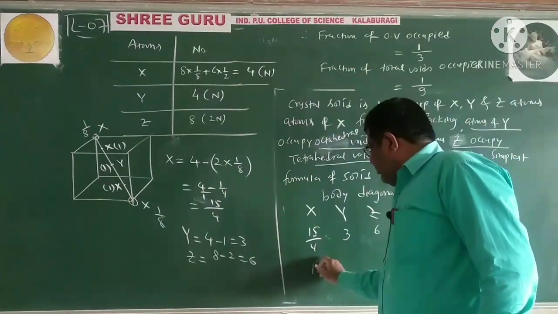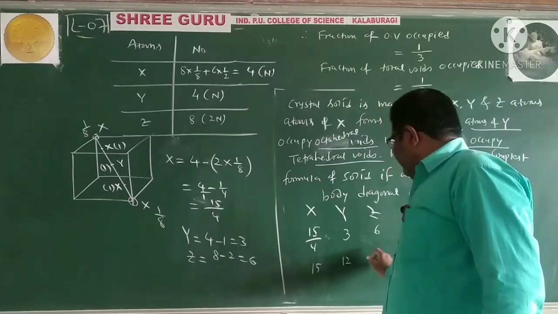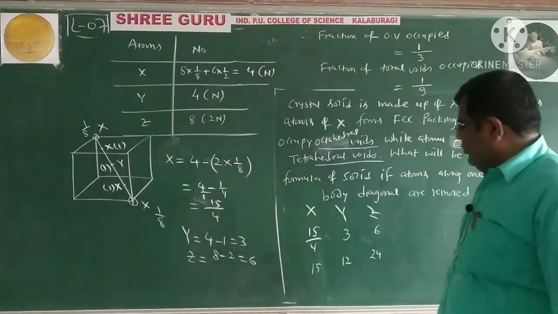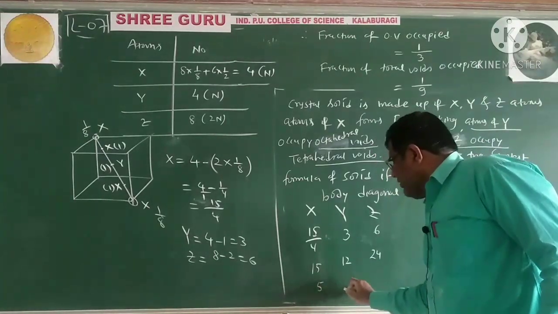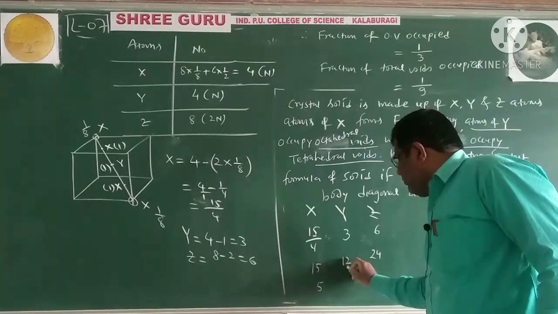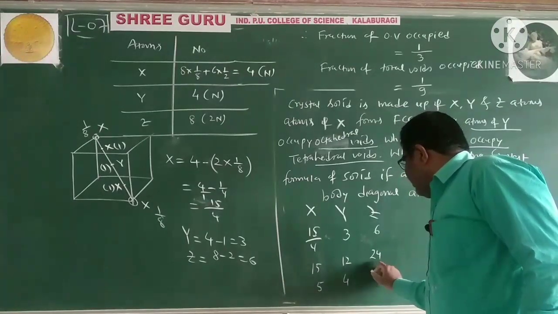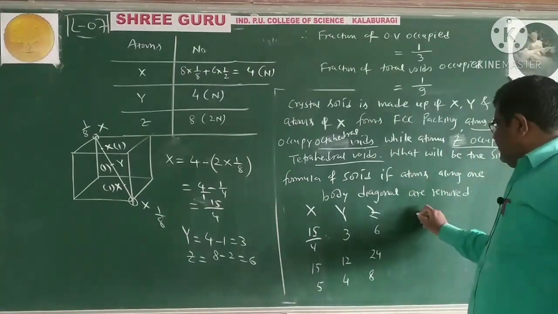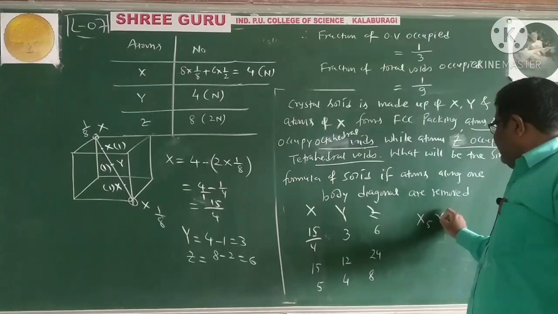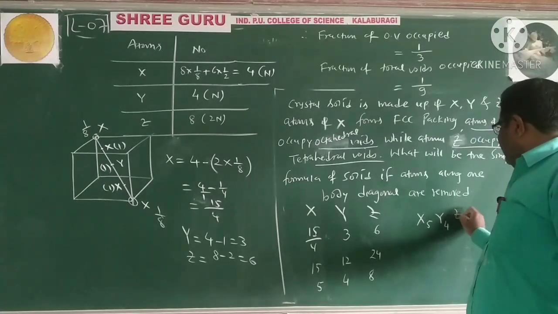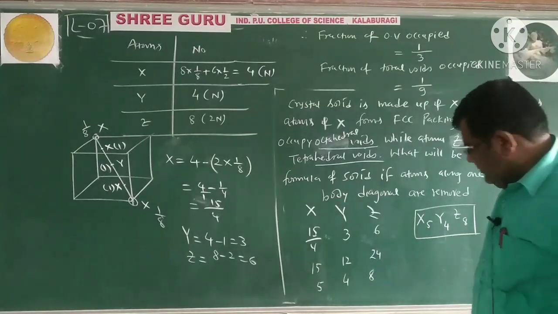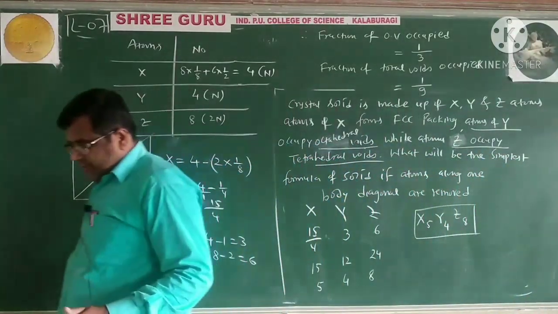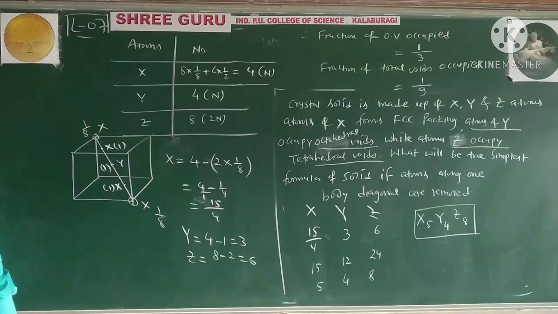Multiply by 4: 15, 12, 24. Again divide by 3: 5, 4, 8. So we have X5, Y4 and Z8 will be the formula.